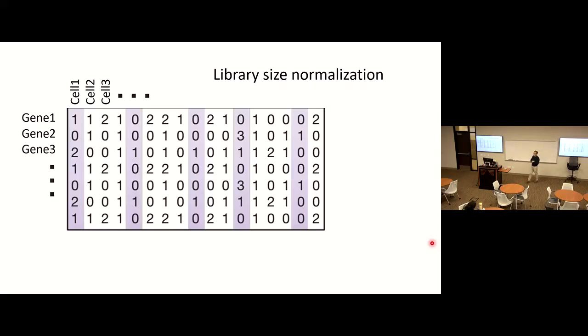All right? So if there's no technical bias, we expect all the cells should be sequenced to the same depth. So largely, you should have a similar library size. If you sum this column, it should have a similar number to the next one. So we expect all the cells in this population, in the same technology and same library sequencing batch, to have a similar library size.